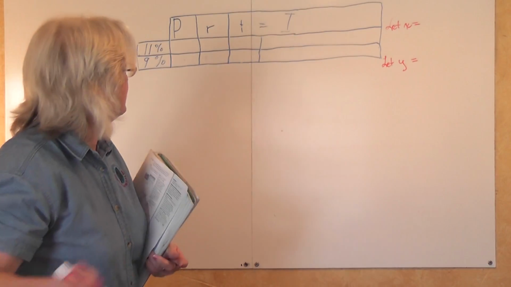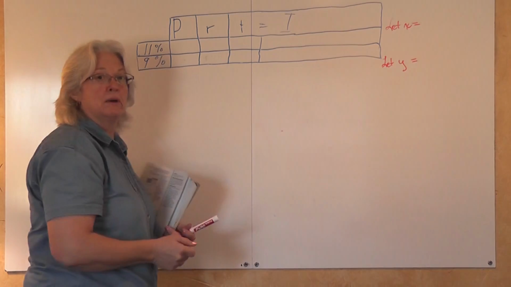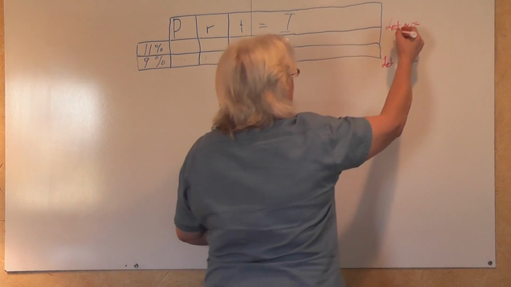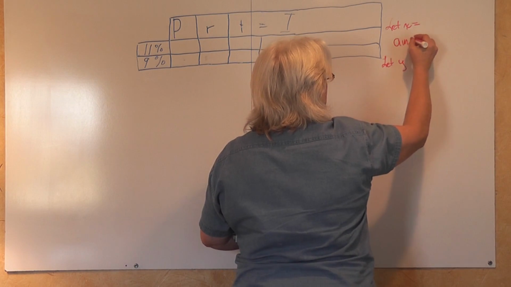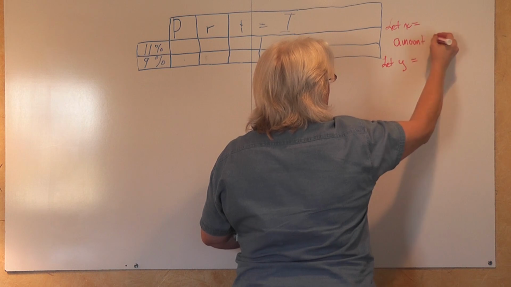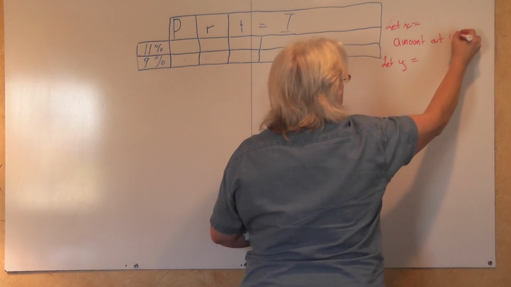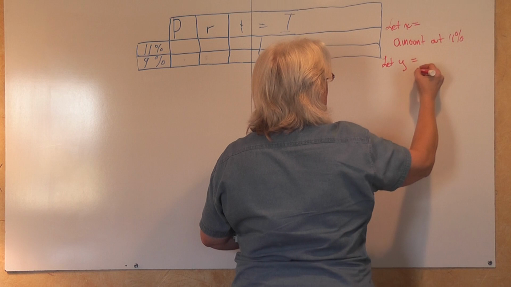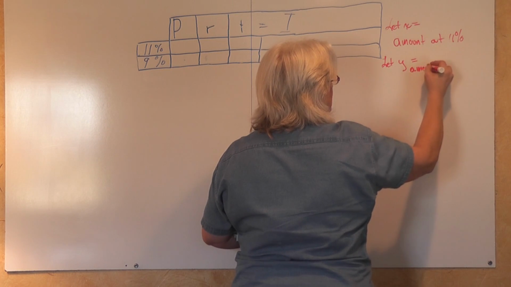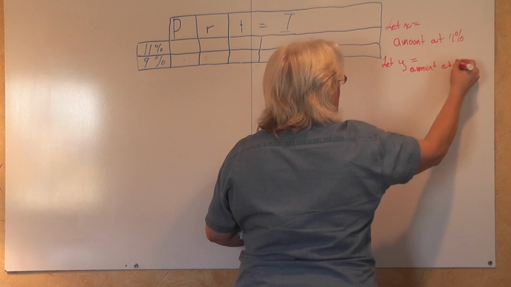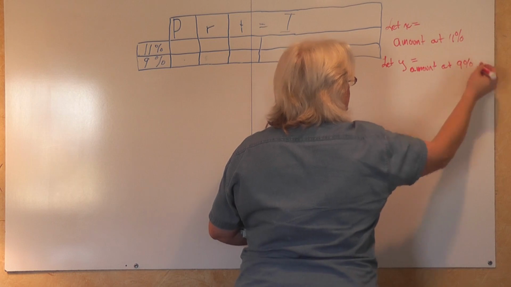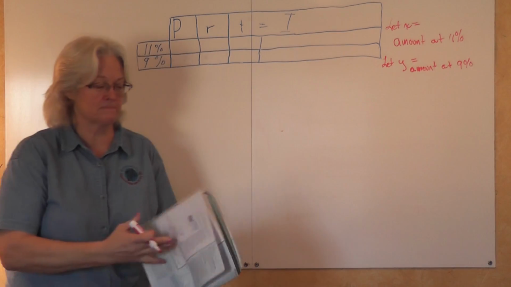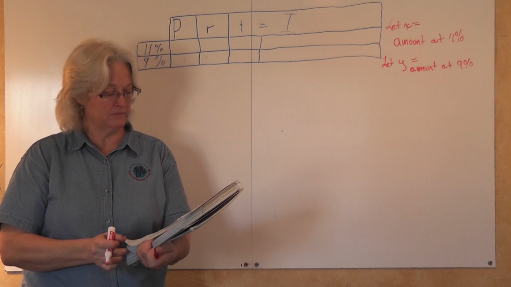So let's have X represent the amount of money invested at 11%, and Y would be the amount invested then at 9%. Okay? What else do we have?